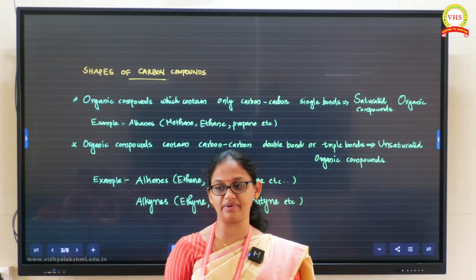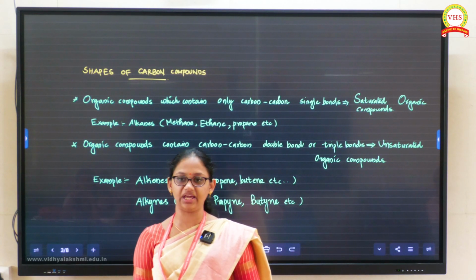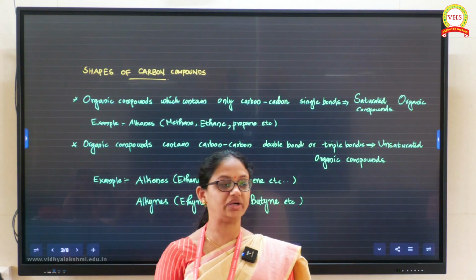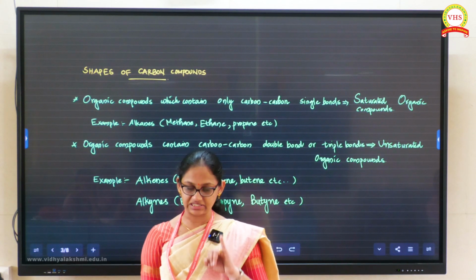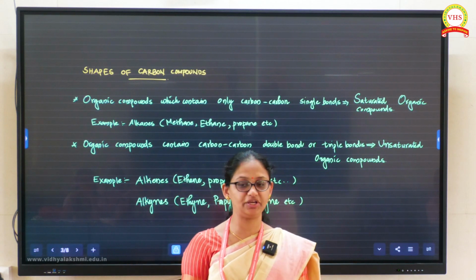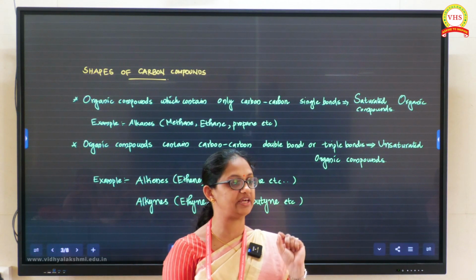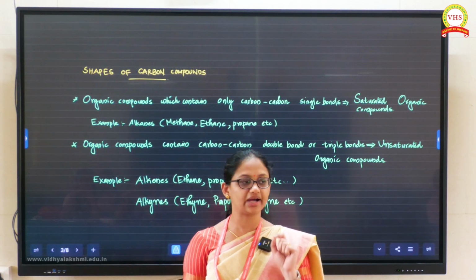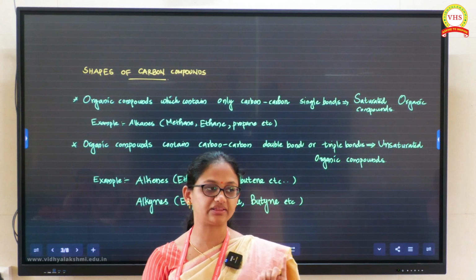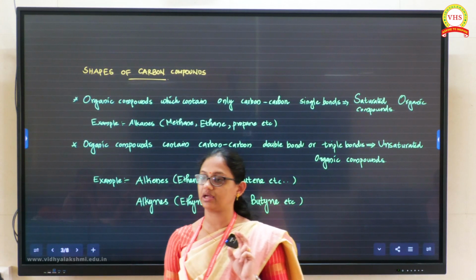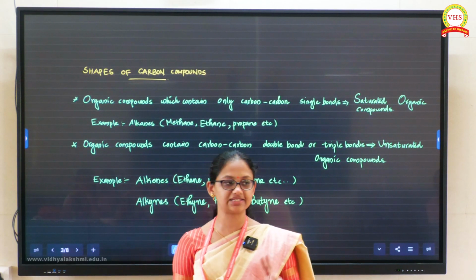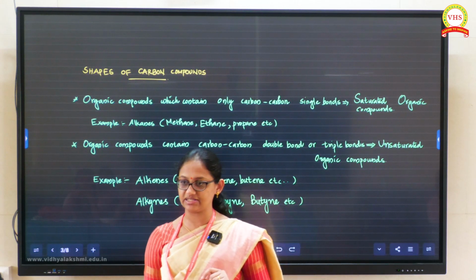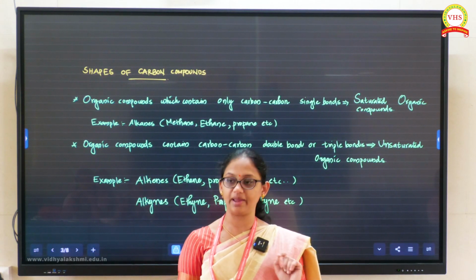There are mainly 3 hybridizations we discussed, based on the number of bonds surrounding a particular carbon atom: sp, sp2, and sp3. If carbon is making single bonds, the hybridization is sp3. Carbon making a double bond is sp2, and carbon making a triple bond is sp hybridization.